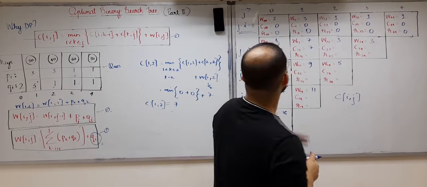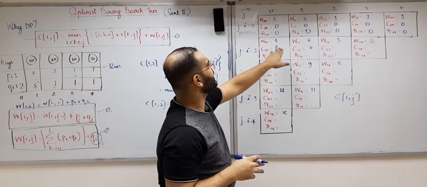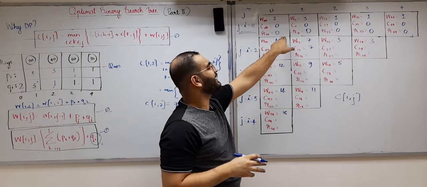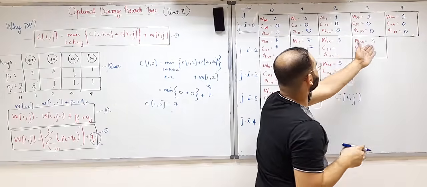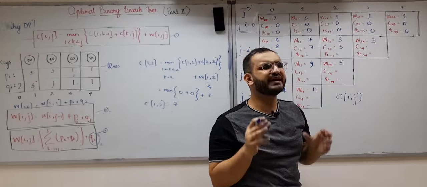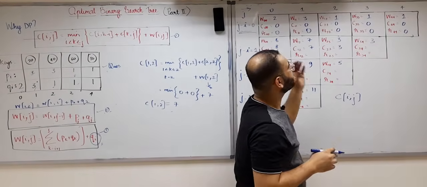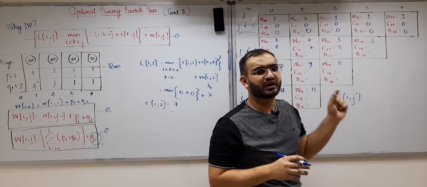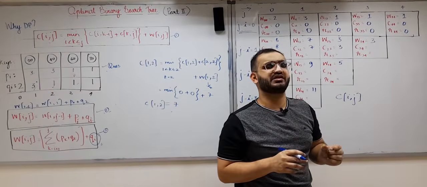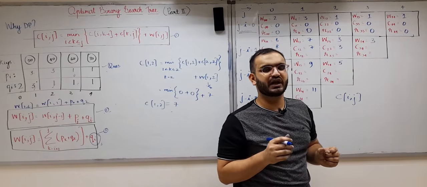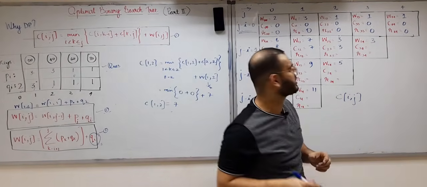As you can see, for the one node binary search tree, we are actually getting the cost equal to the weight of that binary search tree. So let us write it down for the rest of the trees as well. If you think deeply, you will actually understand why the cost of a one node binary search tree is actually equal to the weight of that binary search tree. If you have already understood, please write it down in the comments.